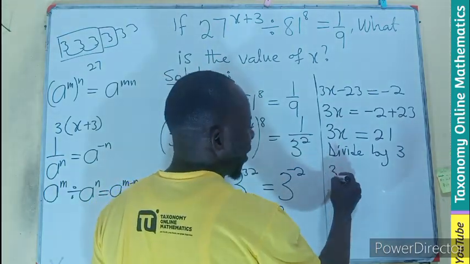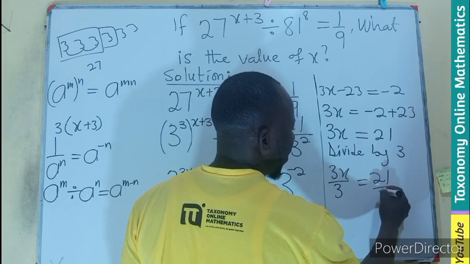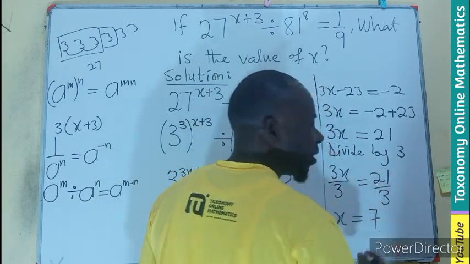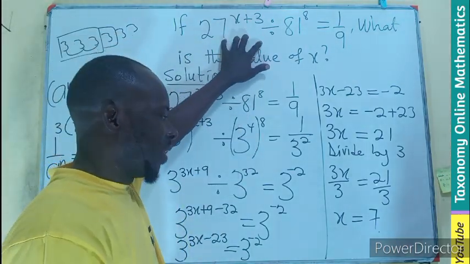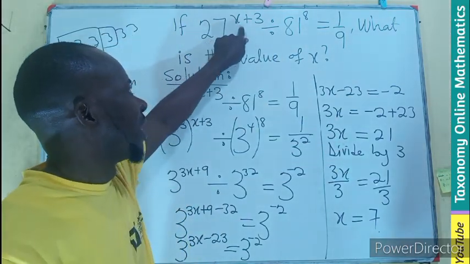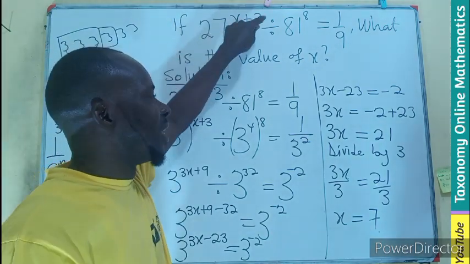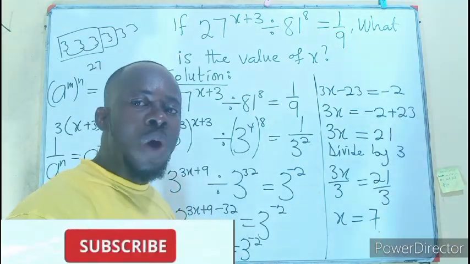So 3x divided by 3, 21 divided by 3, x equals 7. Meaning the value of x that satisfies this expression is going to be 7. You put 7 here, that becomes 10. So 27 exponent 10 divided by 81 exponent 8 is the same as 1 over 9.